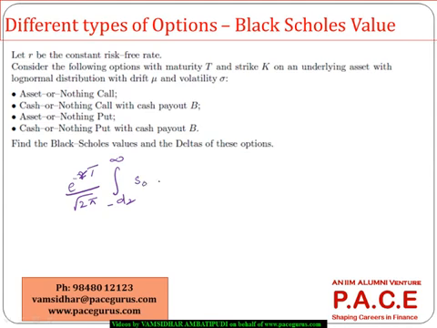I'm looking at S0 times e to the power of, here I am taking mu itself, let's say (mu minus q minus sigma squared by 2) times T plus sigma root T times x, into e to the power of minus half x squared dx.